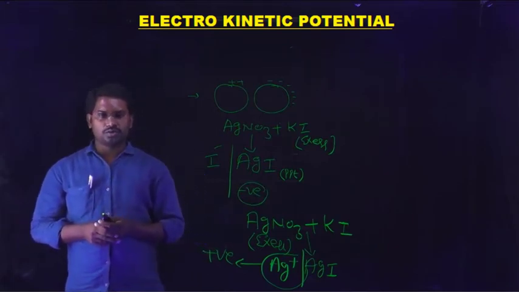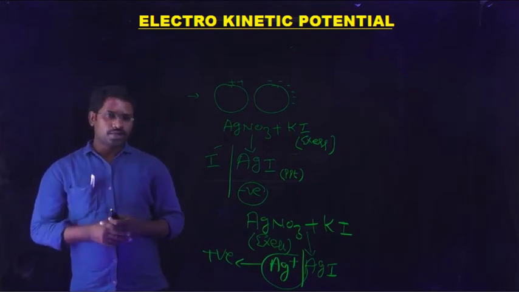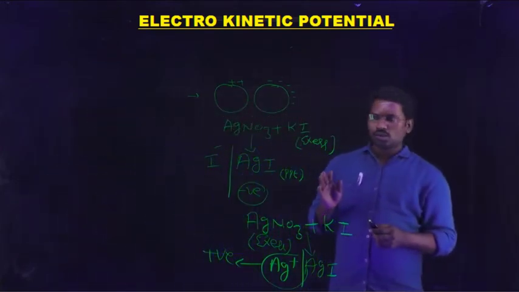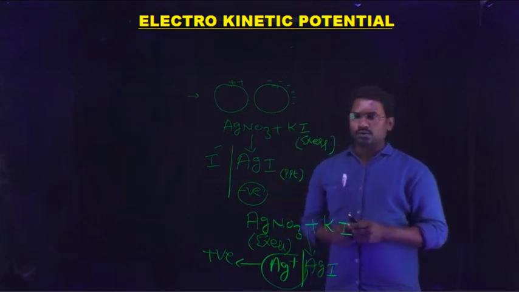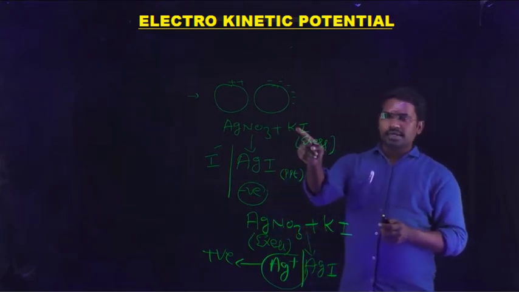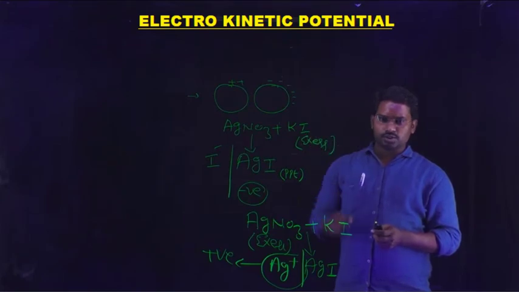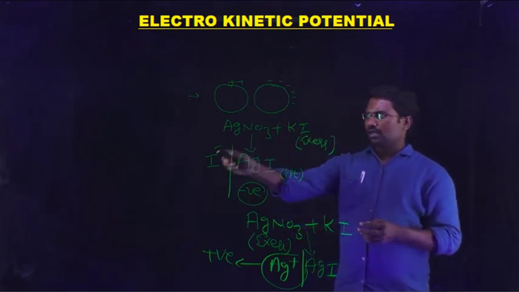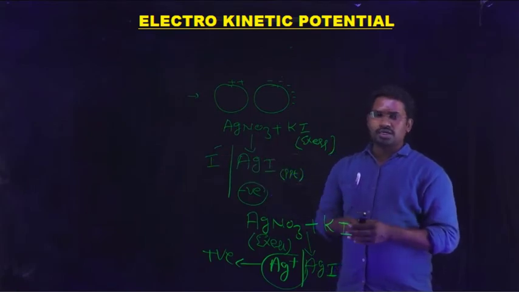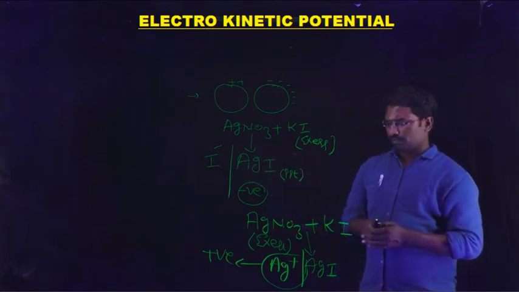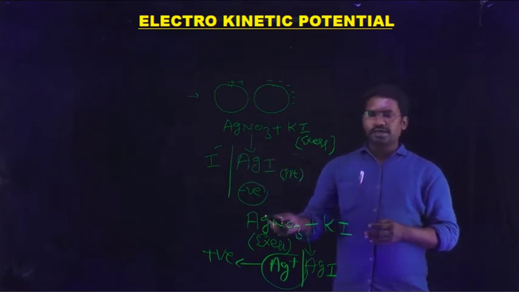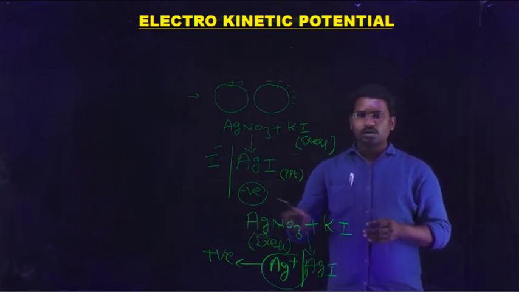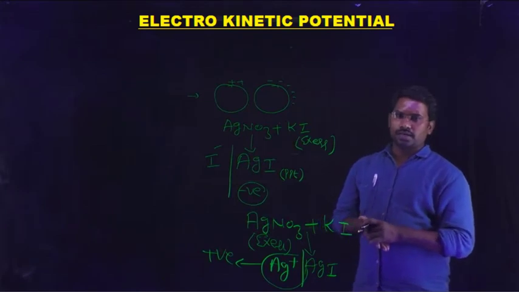This factor mainly depends upon the extra substance which is added to the silver nitrate solution. In case 1, we take potassium iodide in excess, so the colloidal solution contains an excess of negative ions. In the second case, we take silver nitrate in excess, so the colloidal solution contains more positively charged particles.